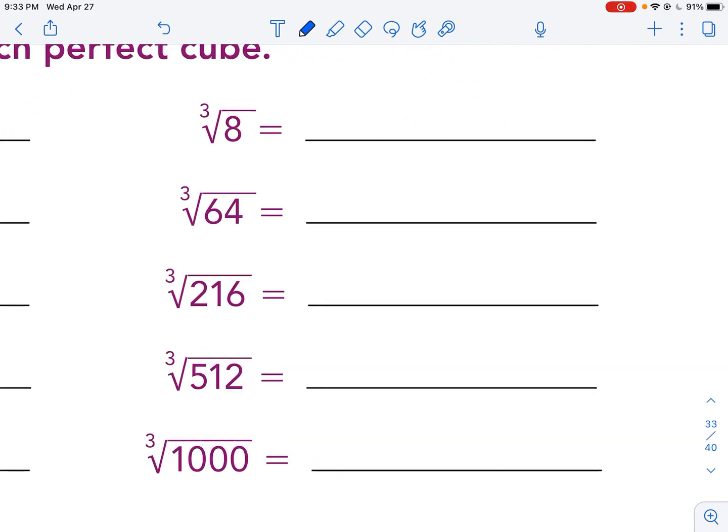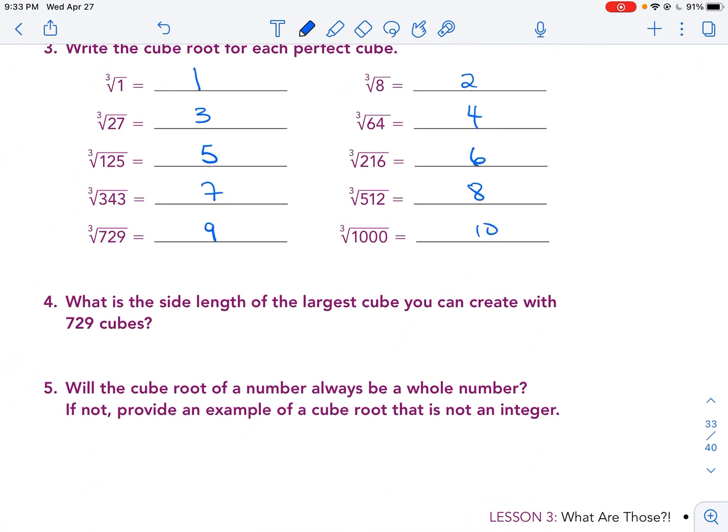We're just going backwards. What times itself 3 times will get 8? 2. What times itself 3 times will get 64? 4. What times itself 3 times will get 216? 6. 8. 10. Okay?